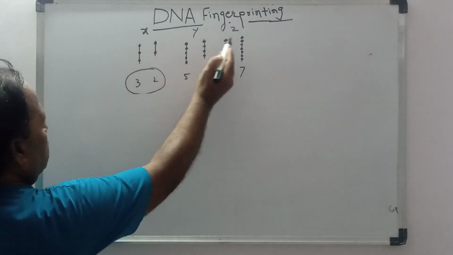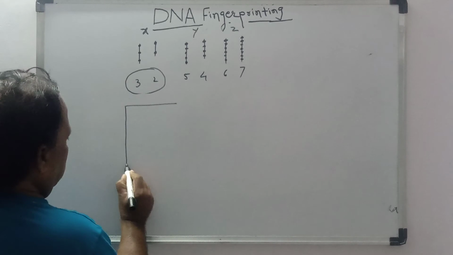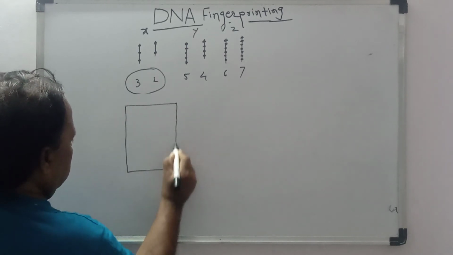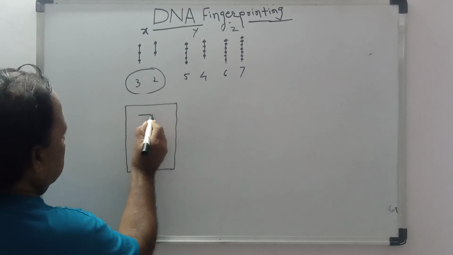Now this is X, Y and Z. In this case, suppose the structure formed is like this.